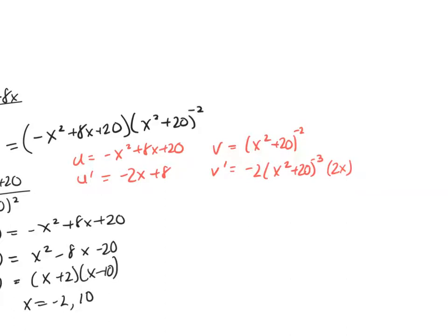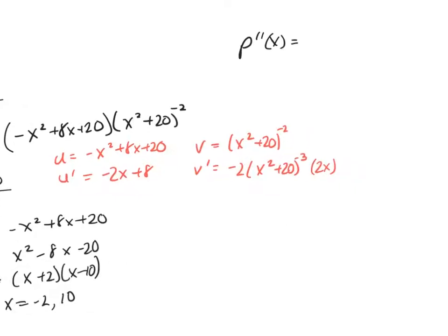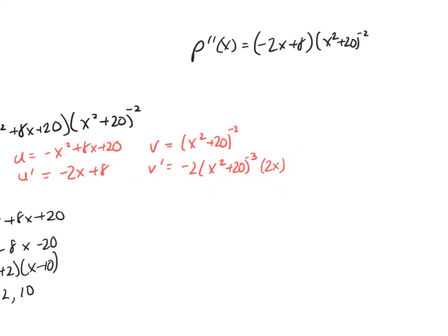Okay. So, what was the function name on this? P of x. Okay, thanks. P double prime of x is equal to u prime, which is negative 2x plus 8, multiplied by v, which is x squared plus 20 raised to the negative 2, plus v prime, which is negative 4x.